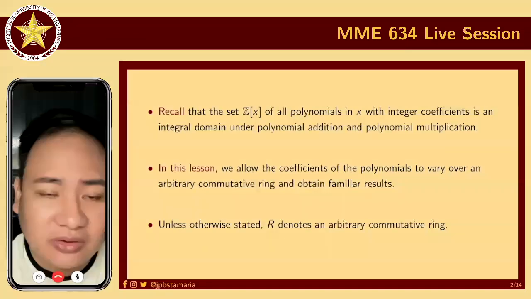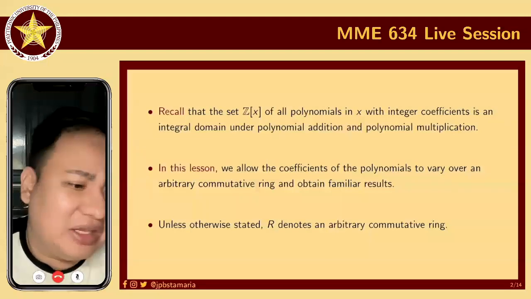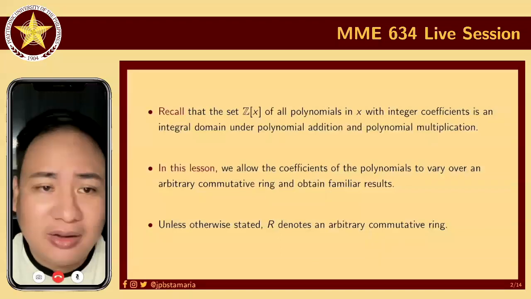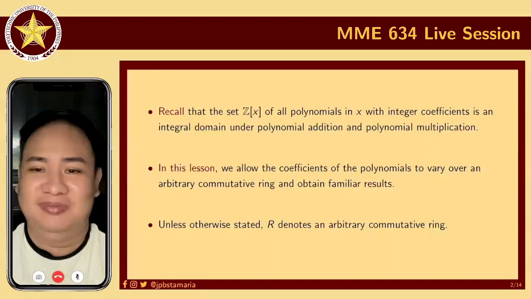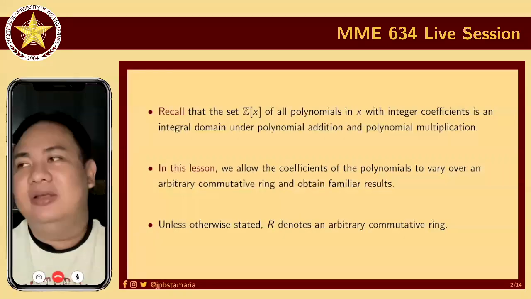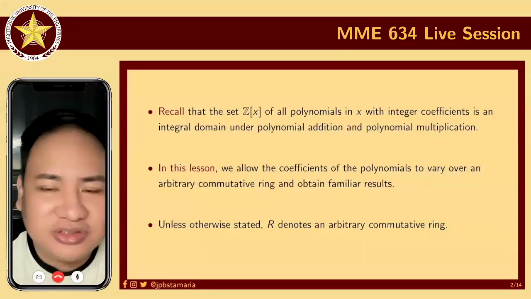Here we are assuming that the multiplication is commutative, because it is hard to multiply two polynomials if the coefficients do not commute under multiplication. That's kind of hard. So, to reduce the complications, we will just assume that the multiplication is also commutative.